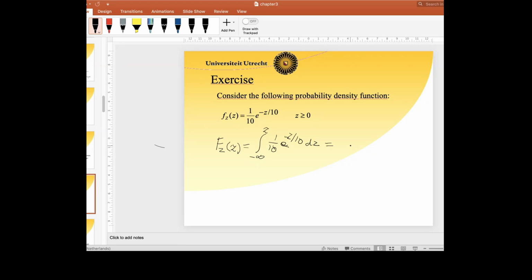So we take the primitive of that. That is minus e to the power of minus z divided by 10, evaluated at minus infinity and z.